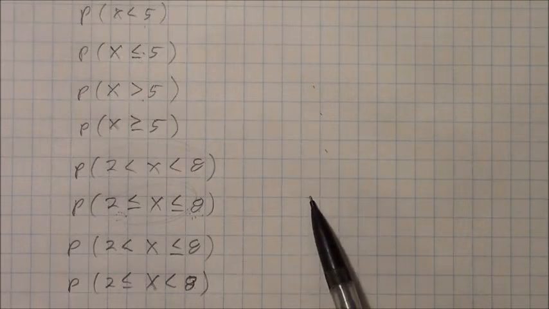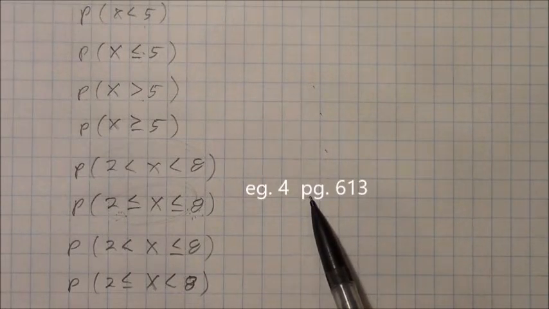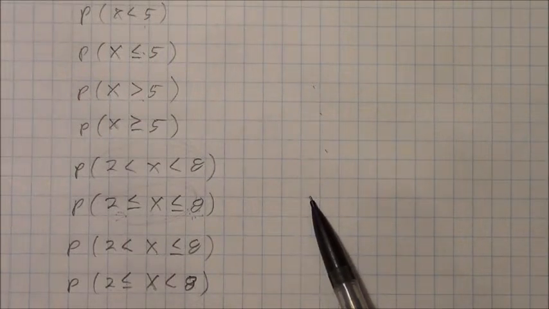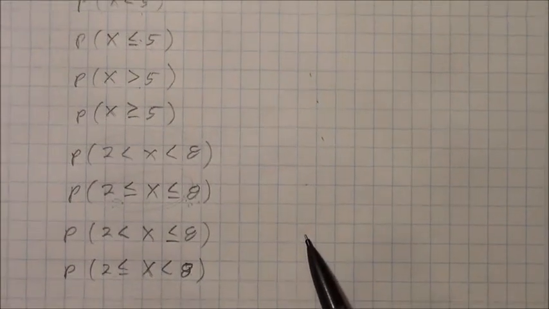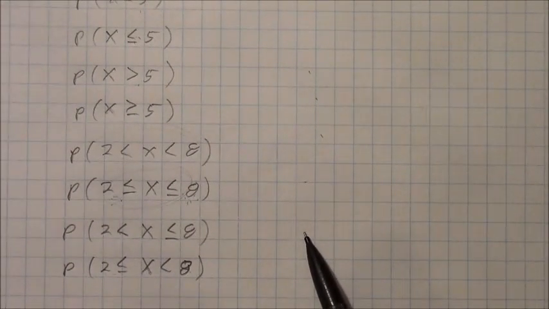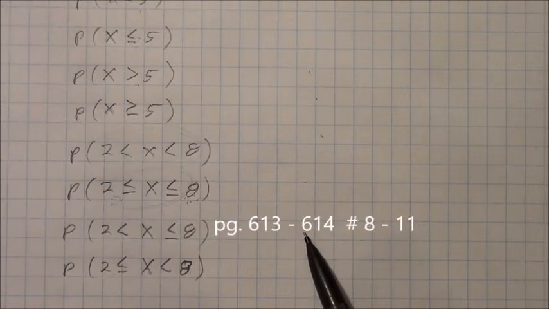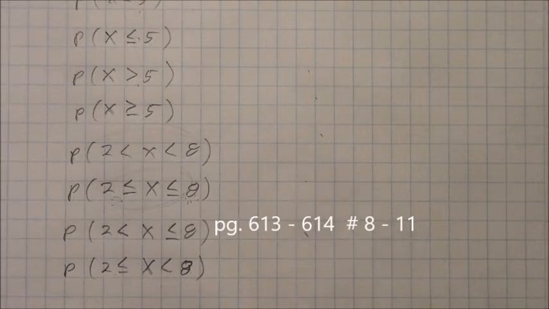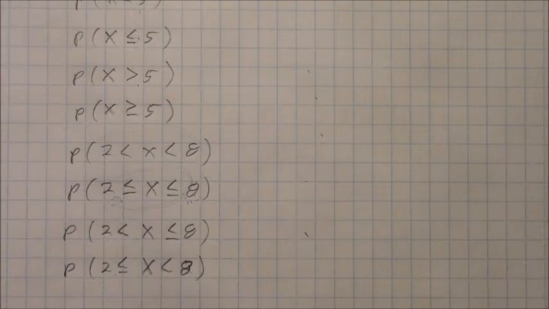Follow that by looking at example 4 on page 613. Of course, once again, with all these examples, allow the self-tutor to talk you through the solution, and then take a quick look at practice exercises 8 to 11 on pages 613 to 614. Okay, so that's the nitty-gritty of the lesson.